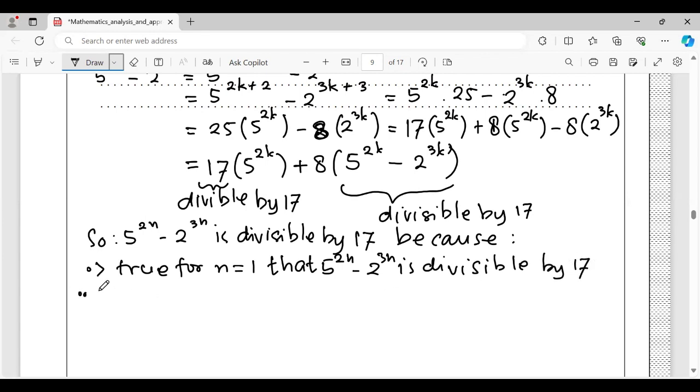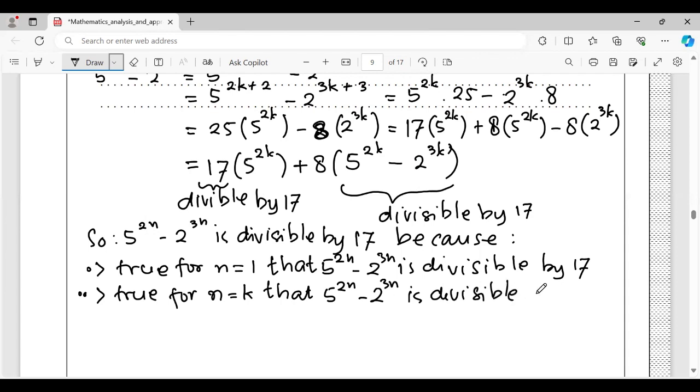The second, it is true for n equals k, that 5 power 2n minus 2 power 3n is divisible by 17.